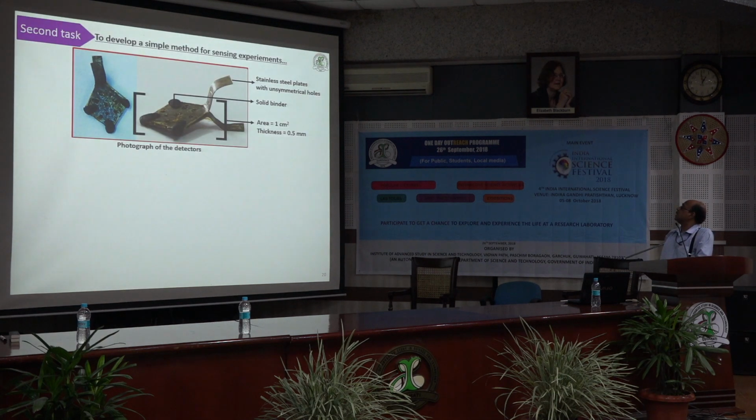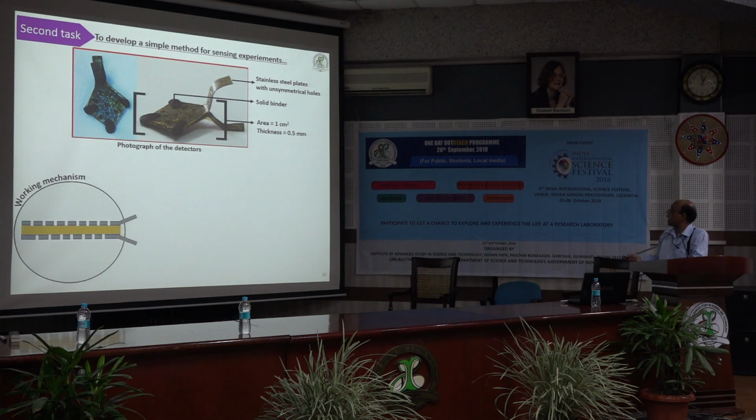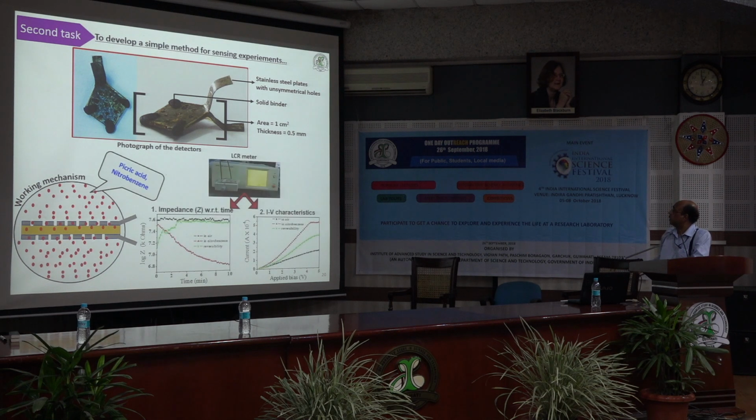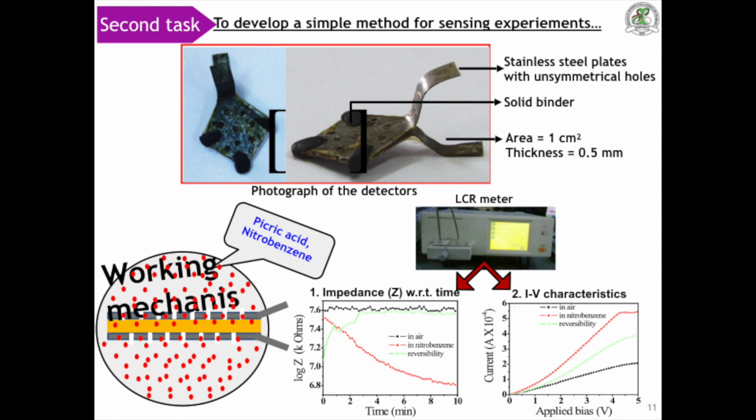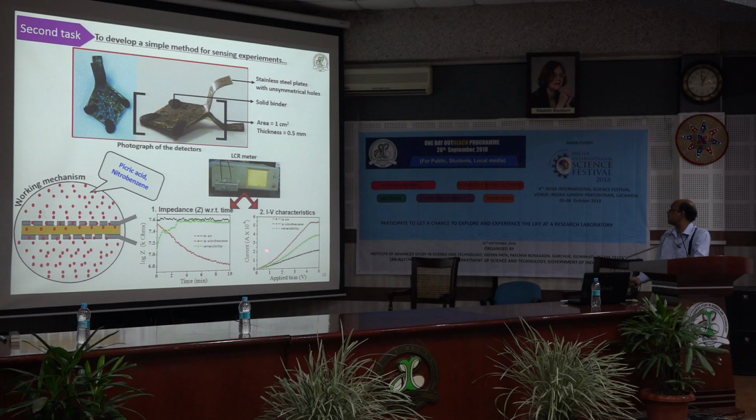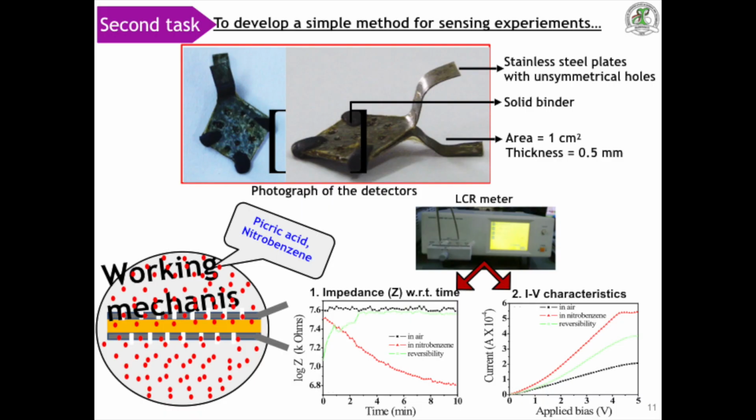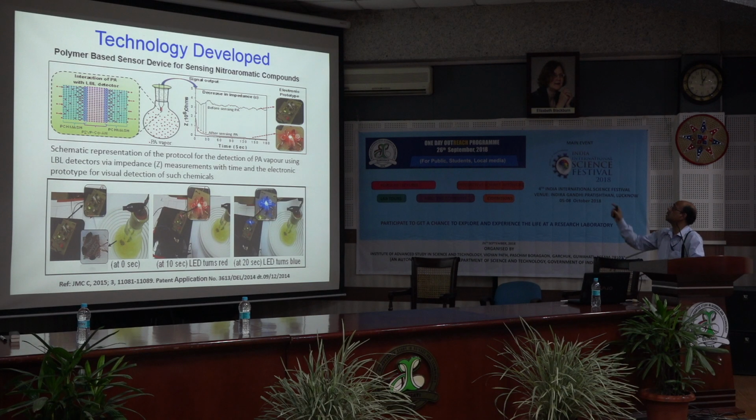We developed this detector device, and finally we put it into an environment of nitrobenzene, and we find that it is giving some data. These are the data where we find that in the presence of the analytes, in this case nitroaromatic compounds, the impedance changes. So this is the technology, and you will find this in the presence of picric acid.